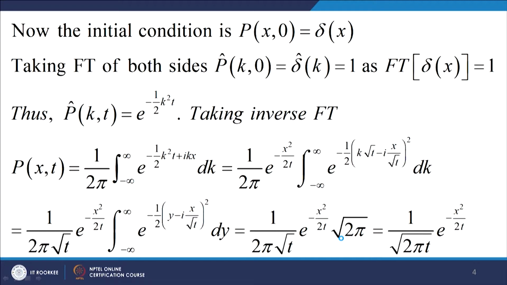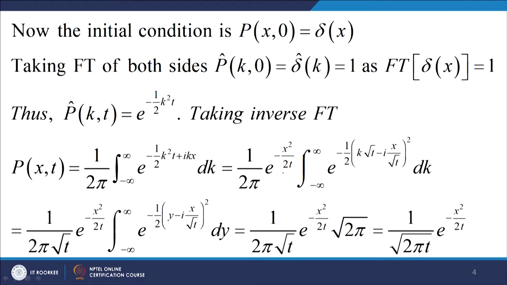Now, we take the inverse Fourier transform. When we take the inverse Fourier transform, we get p of x, t is equal to 1 upon 2 pi integral of e to the power minus 1 by 2 k square t into e to the power i k x dk. When you simplify this integral, it is converted into a perfect square, and we take outside the expression which is independent of k.